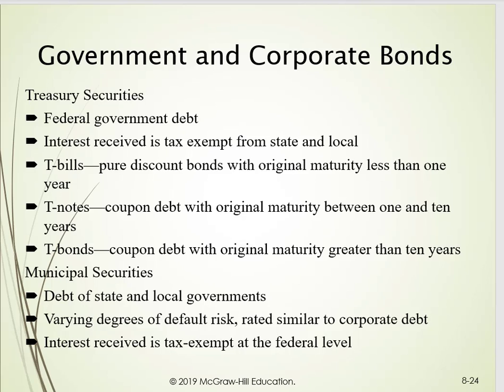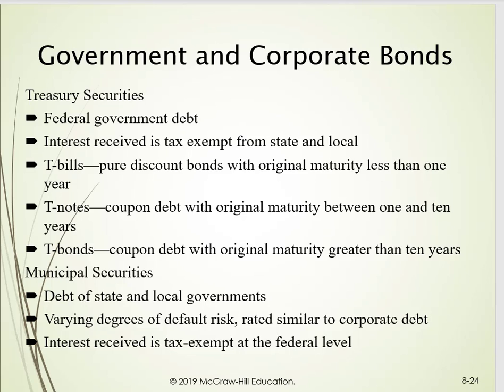So we know that treasury securities, things issued by the United States government, means things are risk-free. The municipal securities are not risk-free, so there is a chance of default, which means that municipal securities initially could have an interest or a yield that's higher than treasury securities. However, they have this added benefit of also being tax exempt.